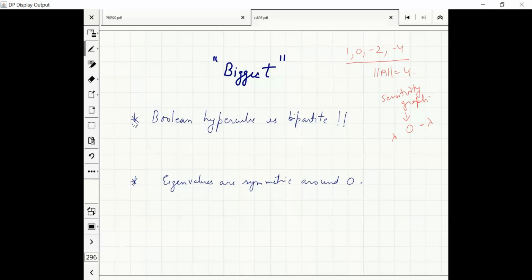So if I define two sets, A is the set of x such that Hamming weight of x is even and B is the set of x such that Hamming weight of x is odd, then it is clear that my graph, the Boolean hypercube, is bipartite. That means there are no edges inside A and there are no edges inside B. And since the Boolean hypercube is bipartite, any subgraph will also be bipartite.